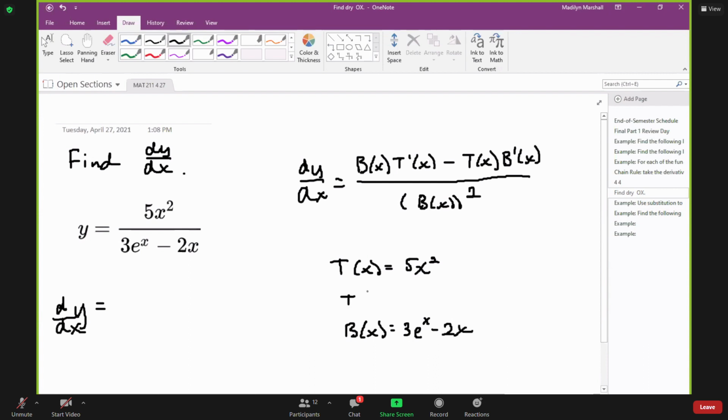Then we need the derivative of the top and the derivative of the bottom. So the top here is just a power rule, so we have 10x.